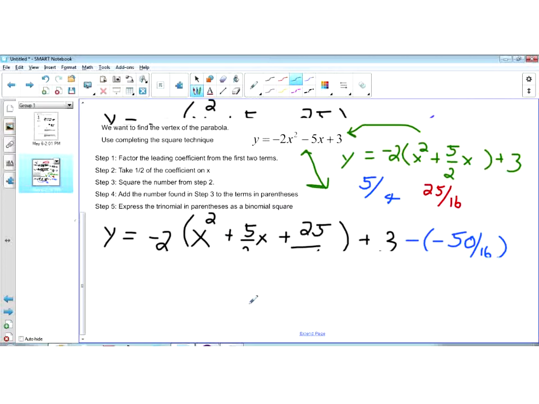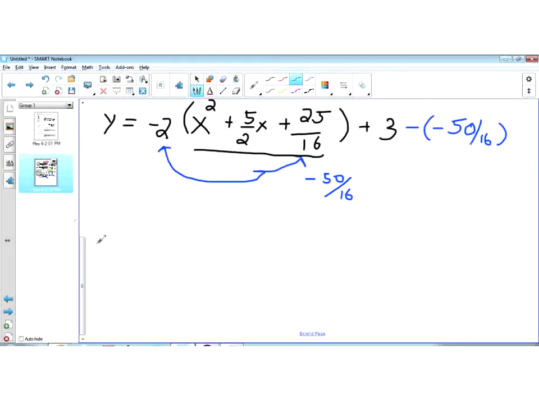So when we do that, we get y is equal to -2 times (x + 5/4) squared.